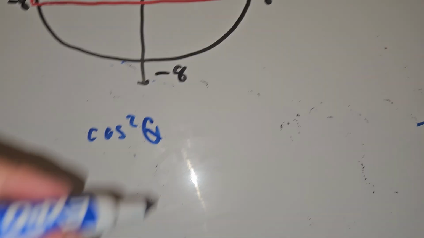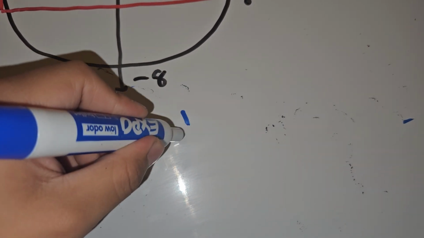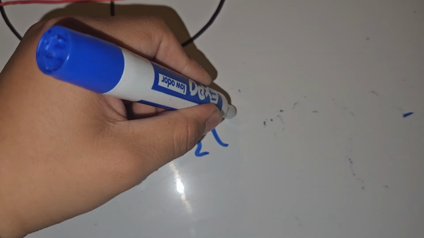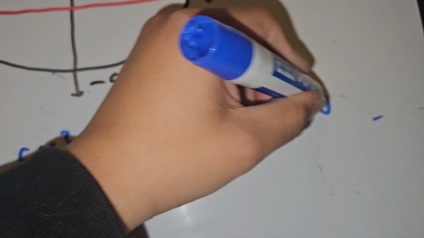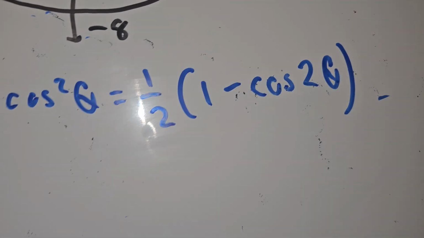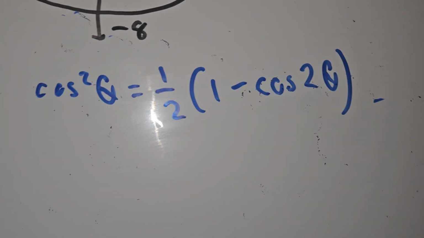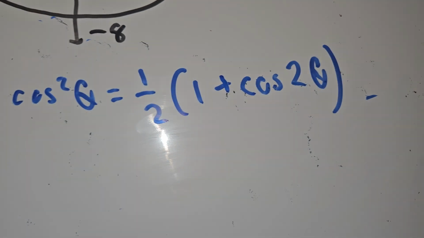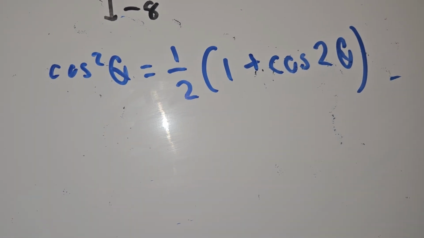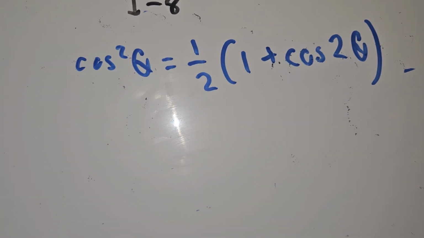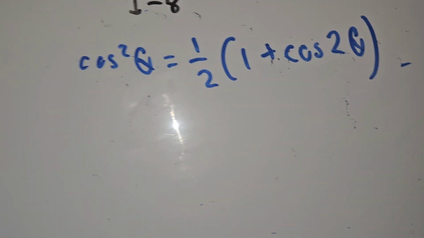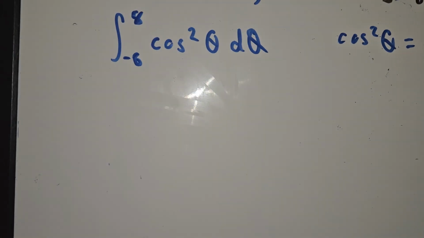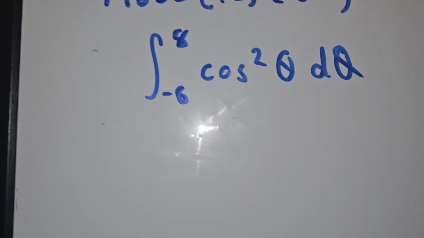Cosine squared theta is equal to 1/2 times 1 minus cosine 2 theta, right? Oh wait, no, I'm sorry. It's not minus, it's plus. Okay, so now we can basically just distribute the negative and have an easier integral to integrate.